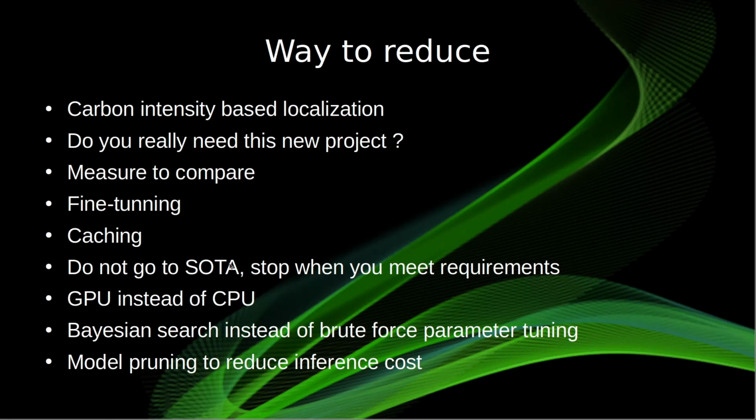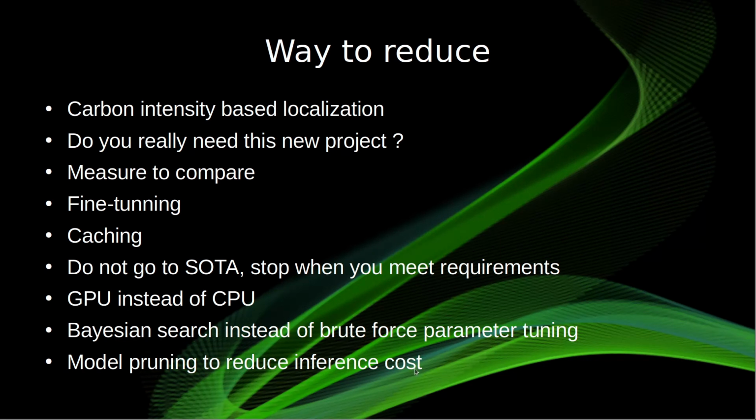You could use the GPU instead of CPU, because often the GPU is more efficient than CPU. And you could use Bayesian search, for example, instead of brute forcing parameters, trying many parameters to find the best. And there is also model pruning.